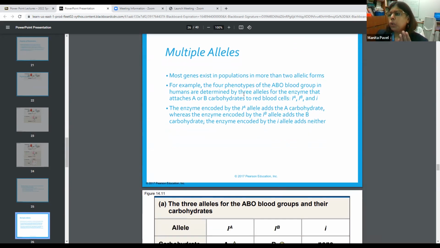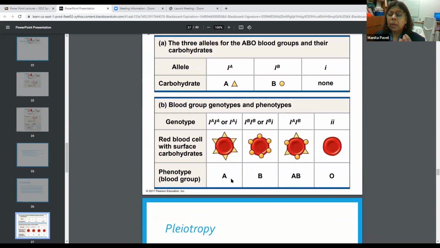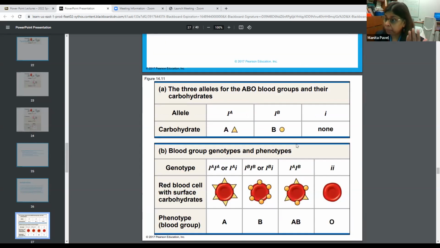We have 4 phenotypes for the ABO blood group: A, B, AB, and O. IA, IB would be the enzyme that refers to that particular allele.